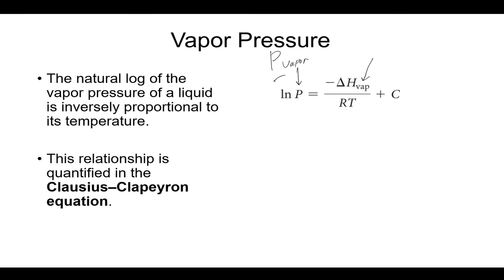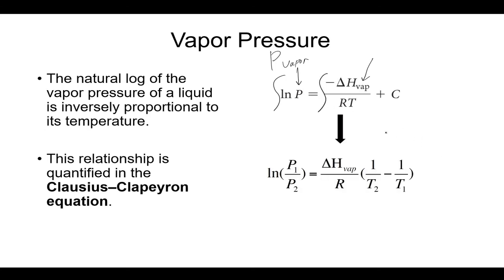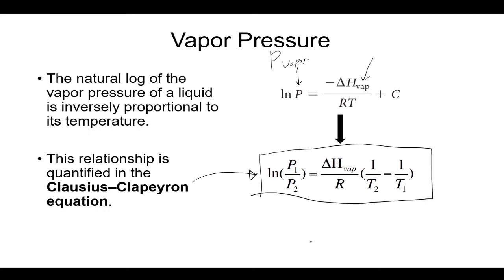If you know anything about calculus, this is the integrated form of a differential, and you're able to set up final and initial conditions so that you can use this equation. Both are technically called Clausius-Clapeyron, but this is the one I use a lot in class. It ends up being more useful for the types of problems that we're going to do.